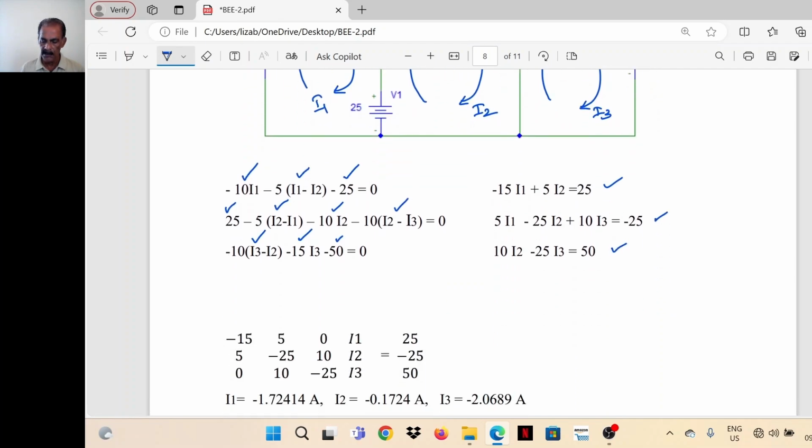So in matrix form, there is no I3 term in the first equation, so minus 15, 5, 0. In the second equation, I1, I2, I3 have coefficients: 5, minus 25, 10. In the third one, I1 is not there, so it is 0, 10, minus 25.